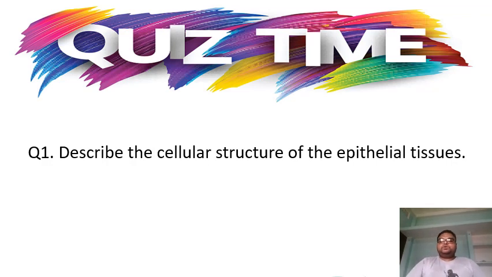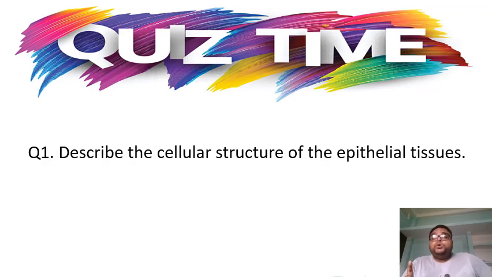Okay, so the cellular structure of the epithelial tissues are, first of all, it is very tightly packed, and when it is very tightly packed, it is forming what? It is forming a sort of sheet. There is very little cementing material present in between them.